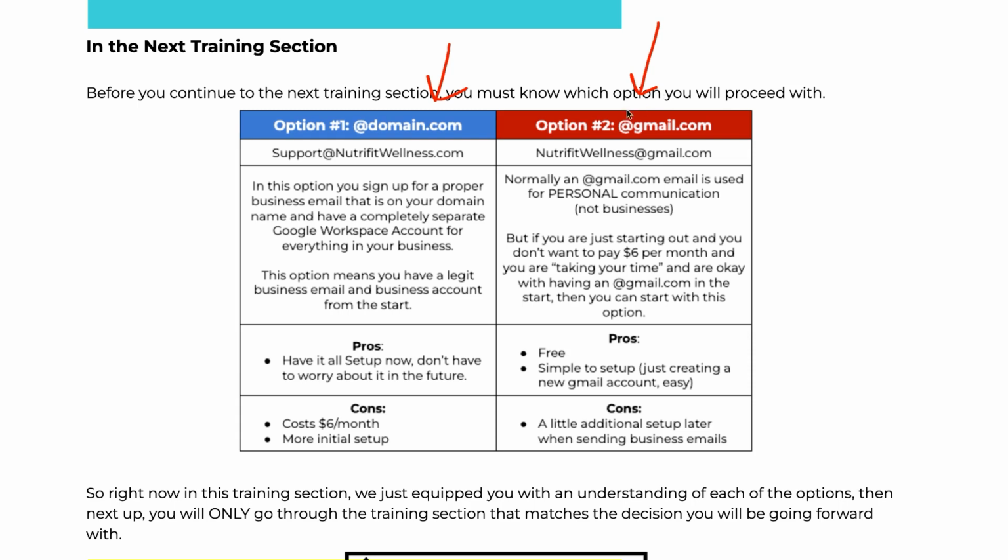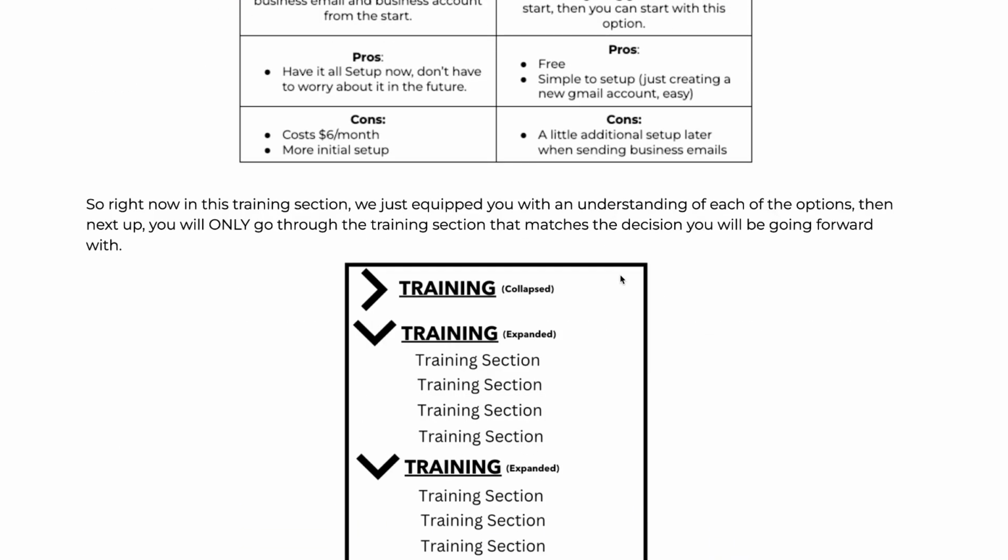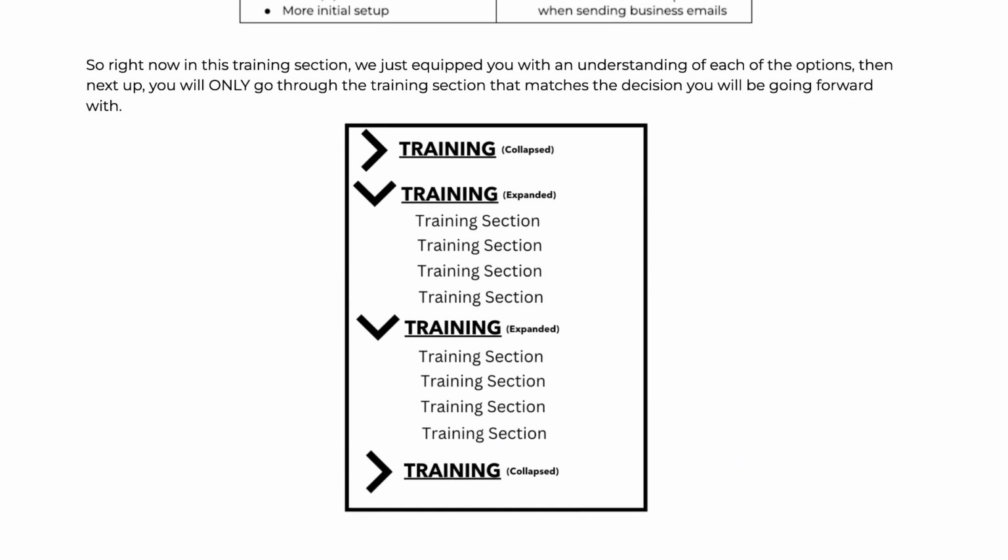So let's say, for example, right now you decide I'm going to go ahead and proceed with option number 1. You therefore only go through the option number 1 training section, right? If you decide you're going to go through option number 2, you only go through the option number 2 training section. Okay, now let me go ahead and remind you here. This right now is the initial training section of the business email training.